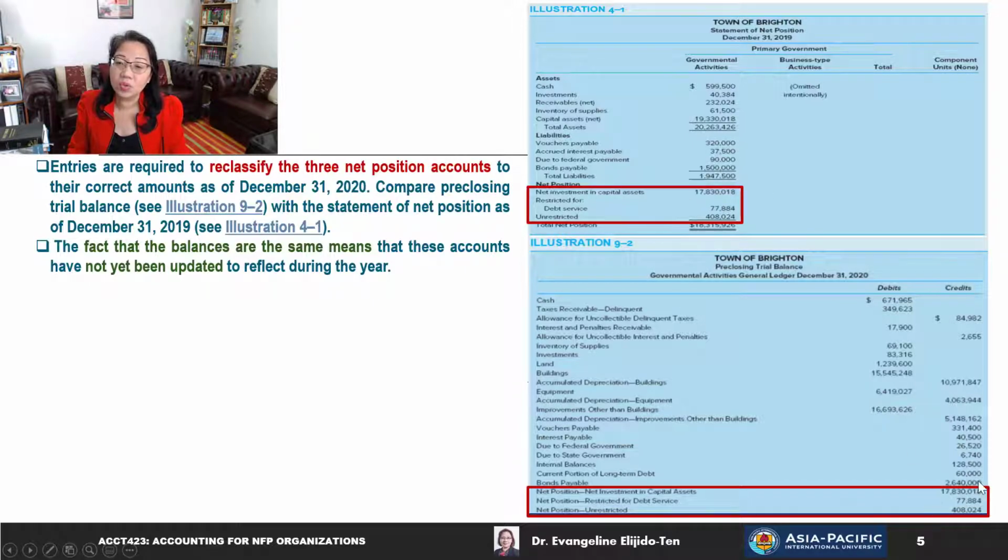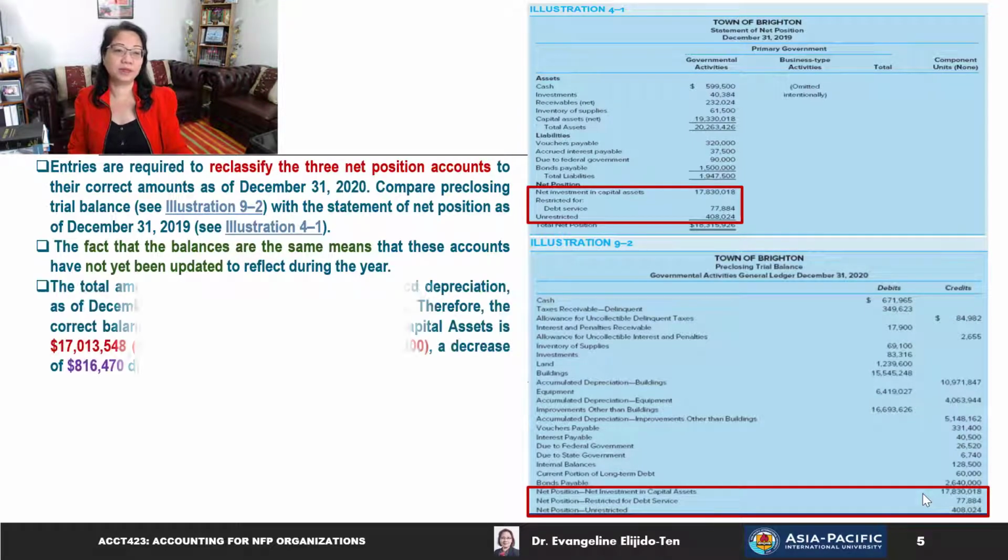Same is true in the current year's pre-closing trial balance. The restricted for debt service balance, $77,884, and that's the same in our pre-closing trial balance. The same is true with the unrestricted amount, $408,024, and they are the same. So what does that tell us? It means that we have not updated our net position balances to reflect the changes during the year.